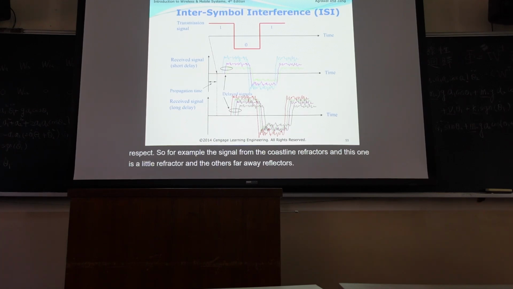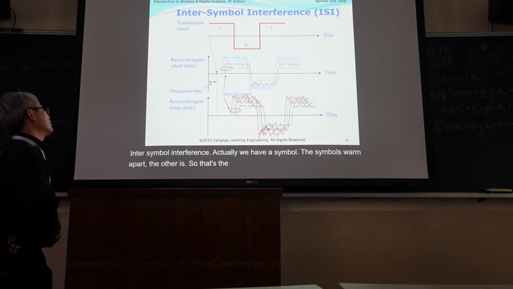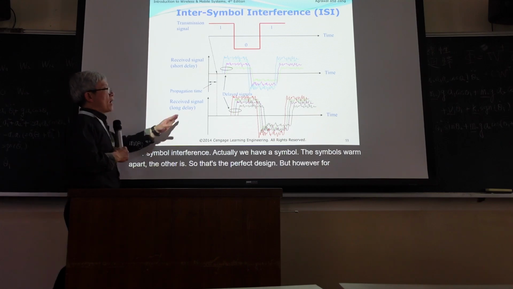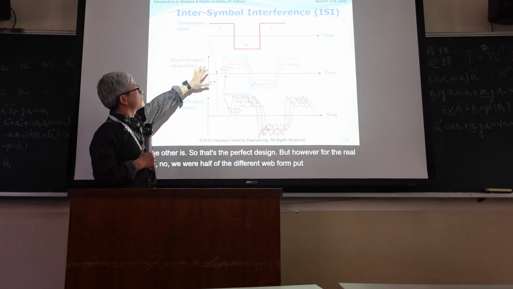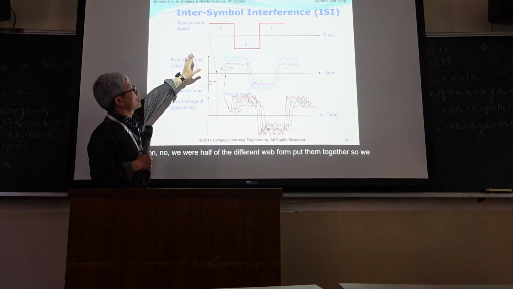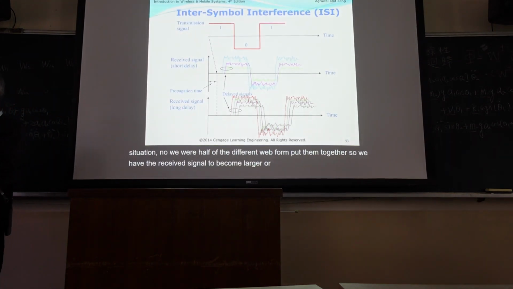This is inter-symbol interference. Actually, we have a symbol, and the symbols won't affect each other, so that's the perfect design. However, for the real situation, no. We will have different waveforms put together, so the received signal becomes larger or smaller. It really depends on the possible interference.